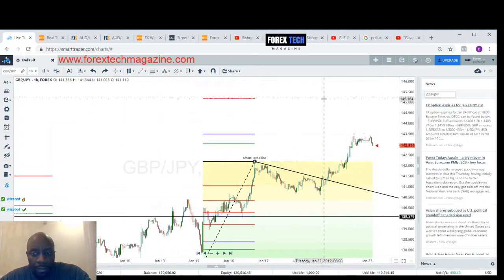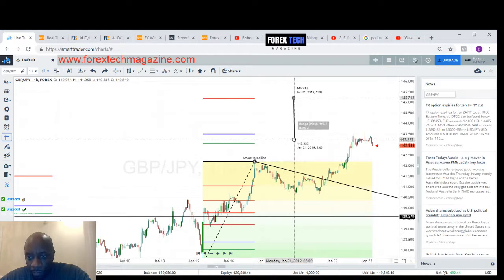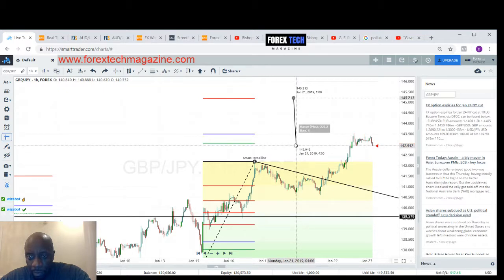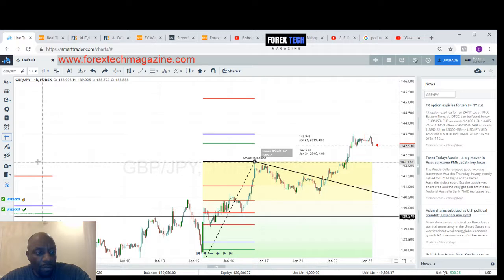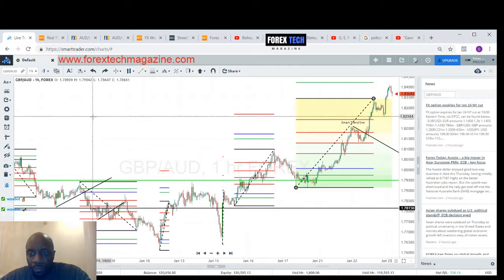It hasn't hit its take profit yet, and right now it's kind of moving sideways for whatever reason. It was about 227 pips off. So it still has a way to go in this particular pair, but it has the right trajectory. So you see how that plays out.